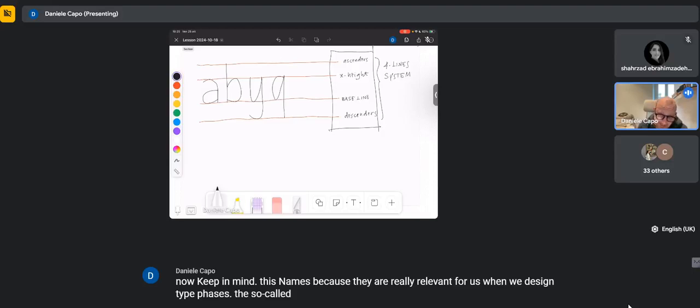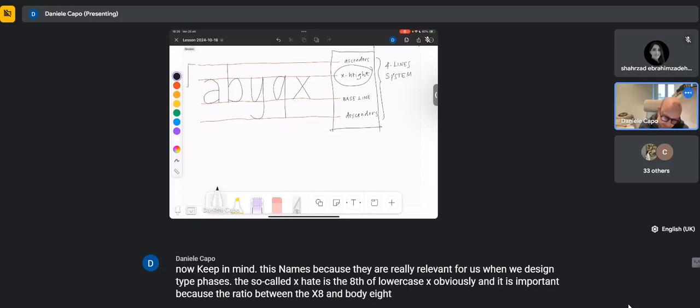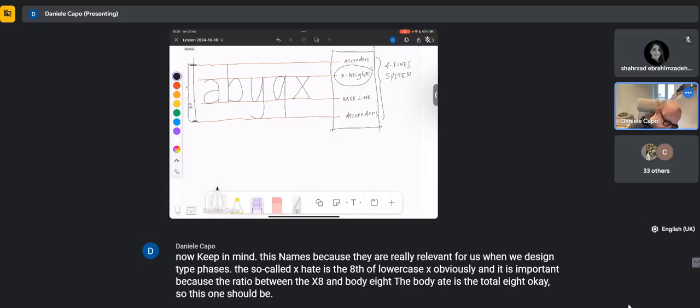The so-called x-height is the height of lowercase x, obviously, and it is important because of the ratio between the x-height and body height. The body height is the total height. So this one should be the body height.